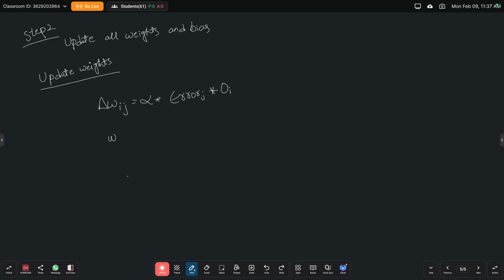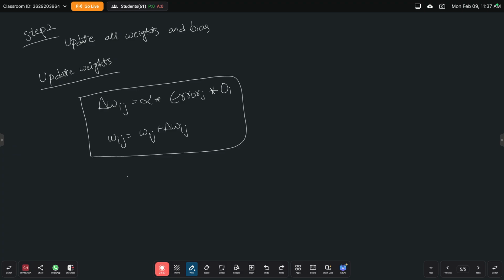Next, wij equal to wij plus delta wij. These are the two formulas to find the updated weights. In the given problem, they will give the learning rate alpha.